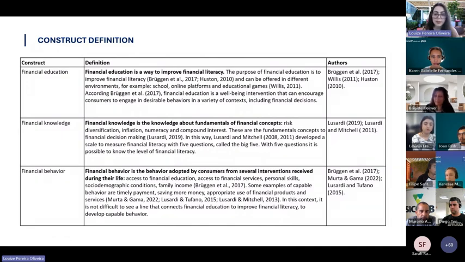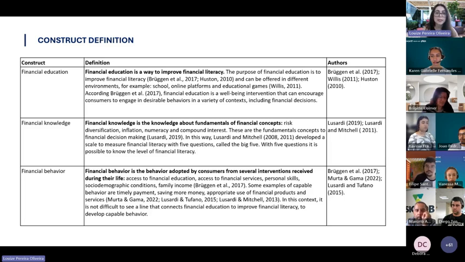So it's important to analyze and think about this, to make clear some definitions about some concepts. For example, financial education is different from financial knowledge and financial behavior. It's important to say this because I can see a lot of professionals talking about financial education, but as financial knowledge, and for sure it's not the same thing.